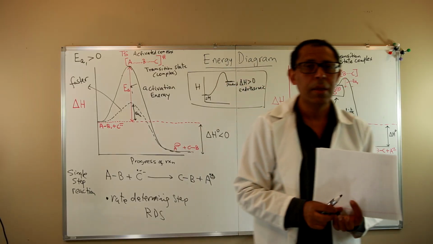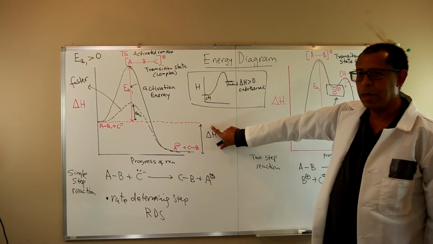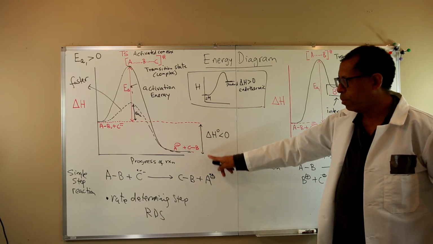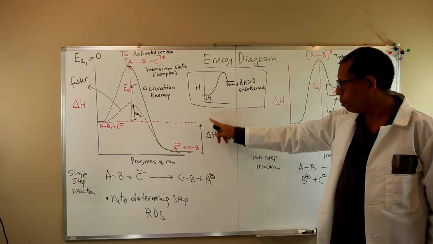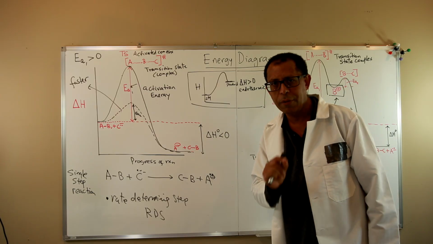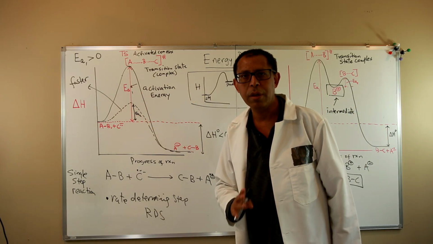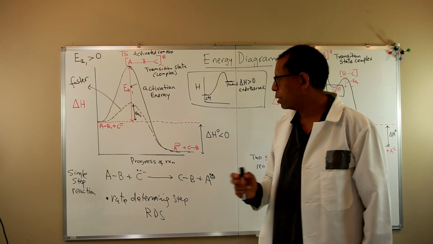So the rate is determined actually not by delta H. The rate of a reaction is not determined by the thermodynamic enthalpy or by delta H. Rather, the speed of a reaction is determined by how much activation energy you require. So now two distinctions.